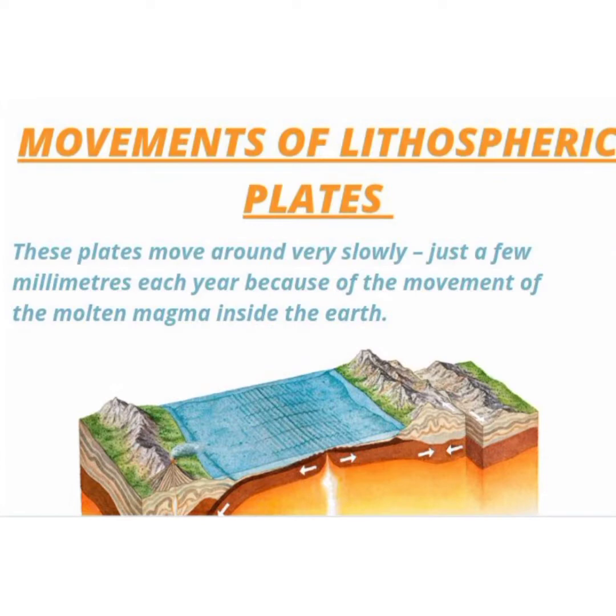And what is the movement of lithospheric plates? These plates move around very slowly, just a few millimeters each year, because of the movement of the molten magma inside the Earth.